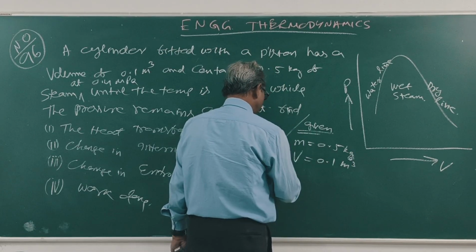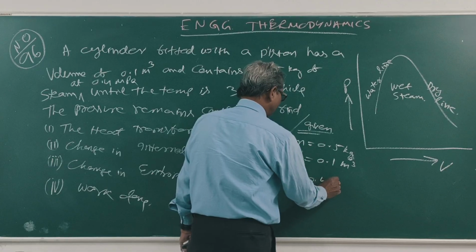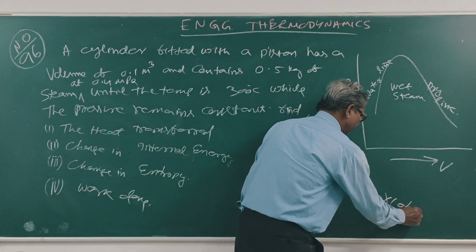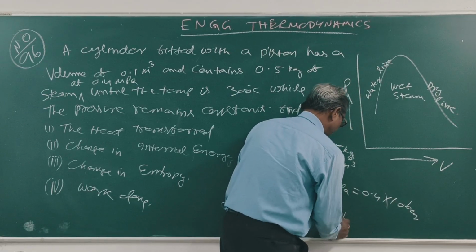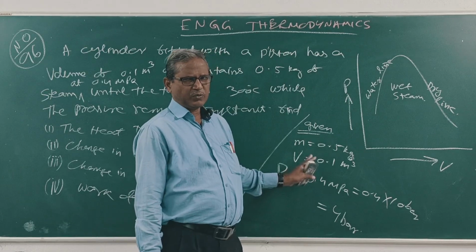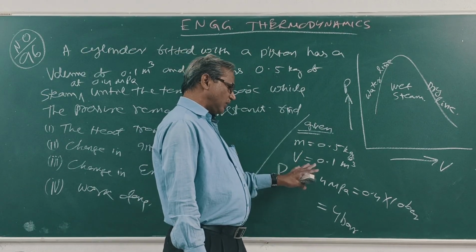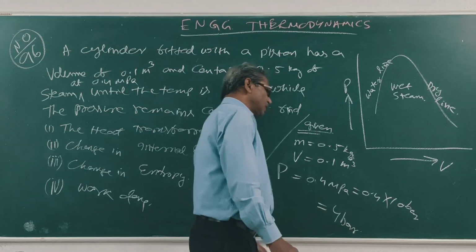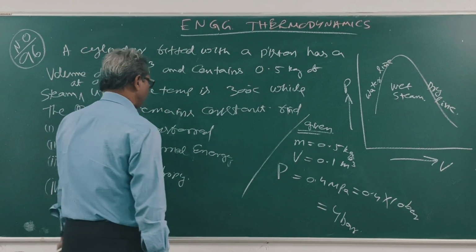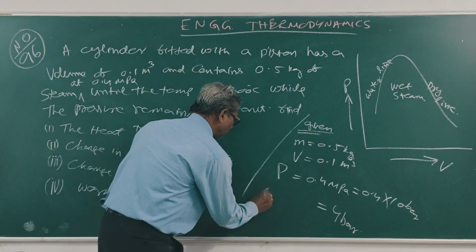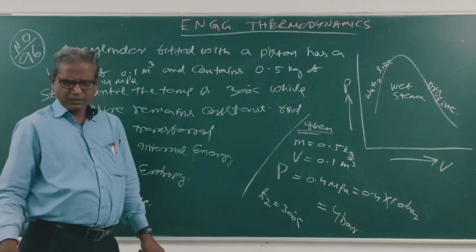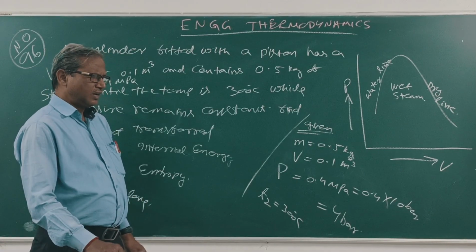Pressure P is equal to 0.4 megapascal, that means 0.4 into 10 bar, which is 4 bar. The given quantities are the initial condition, and until the temperature becomes 300 degree centigrade, T2 is equal to 300 degree centigrade. Clear?